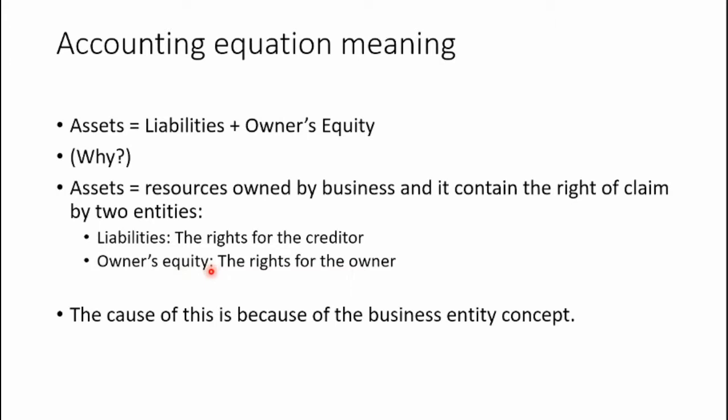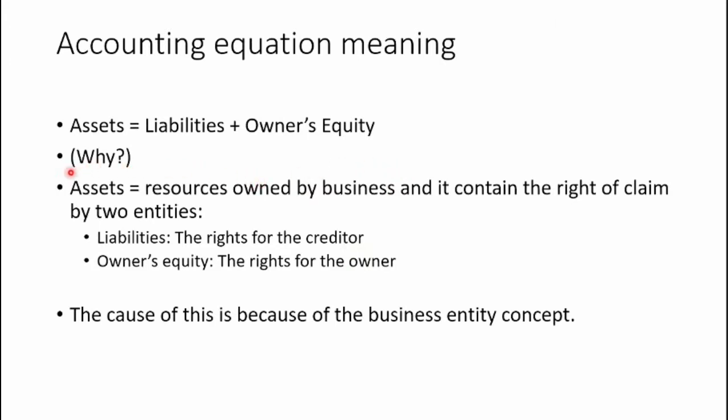The cause of this is the concept called the business entity concept. The business entity concept means that you, as an owner of a business, are a separate entity from your own business.